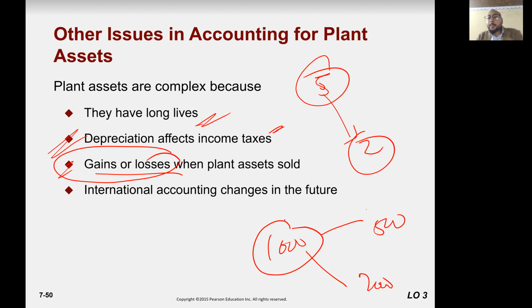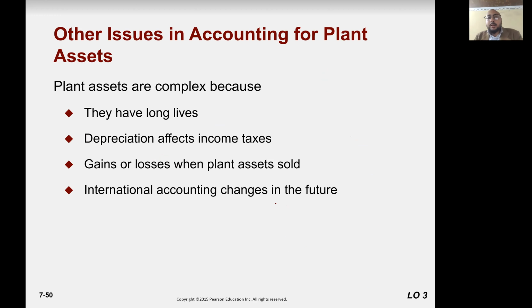We will make a separate entry. Plus, international accounting changes in future. For example, the accounting standard will say you cannot use the double declining method on this equipment, on this plant, on this type of assets. Then you totally change all the stuff.